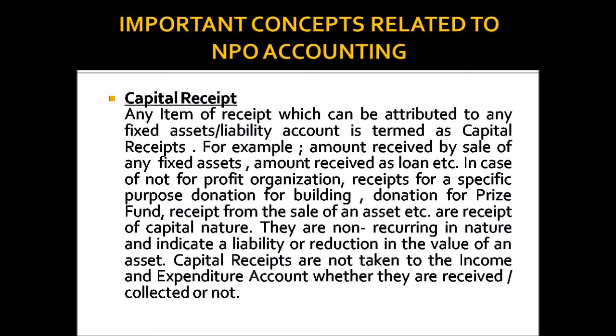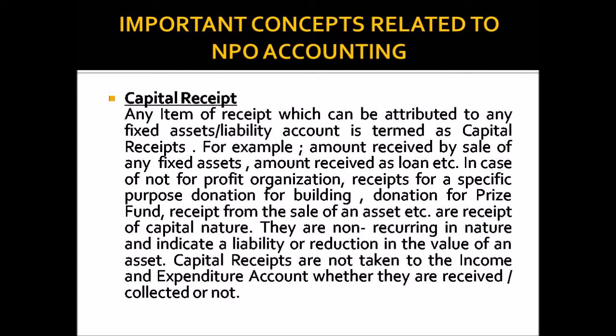All these are receipts of capital nature. They are non-recurring in nature and indicate a liability or a reduction in the value of an asset. And remember, capital receipts are not to be taken to the income and expenditure account.